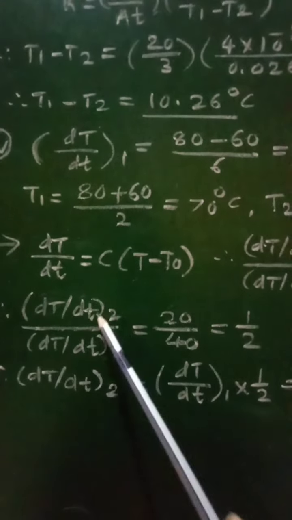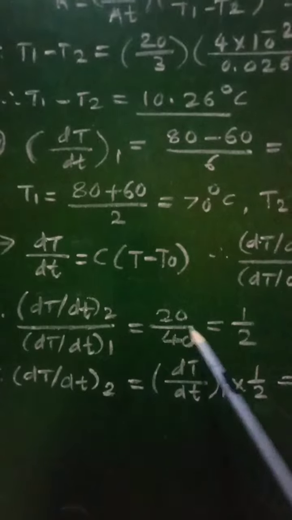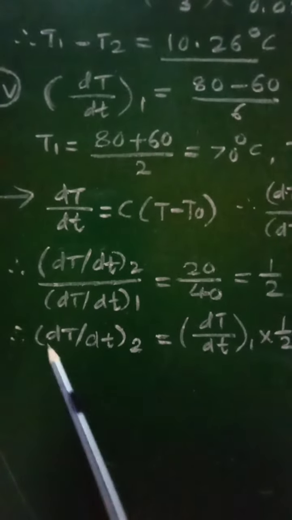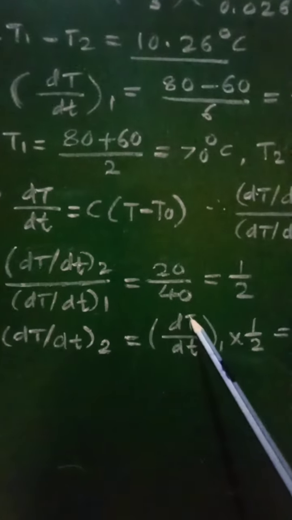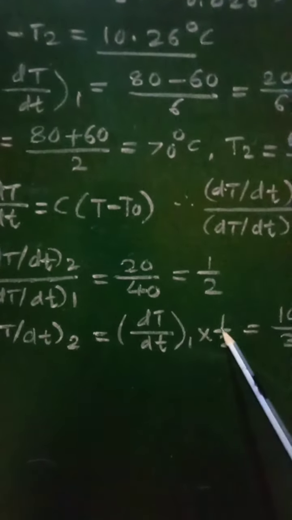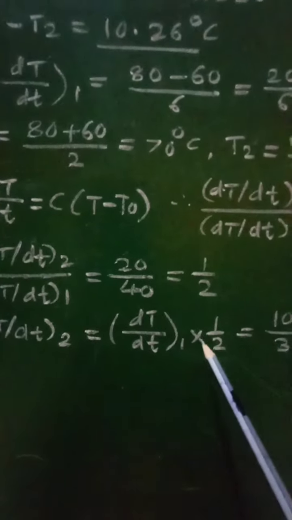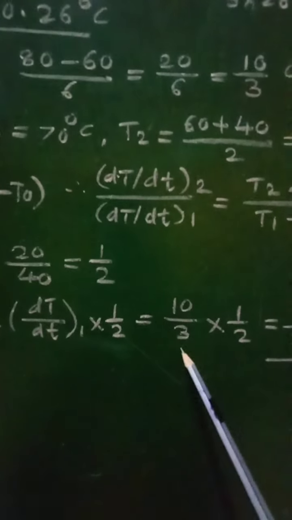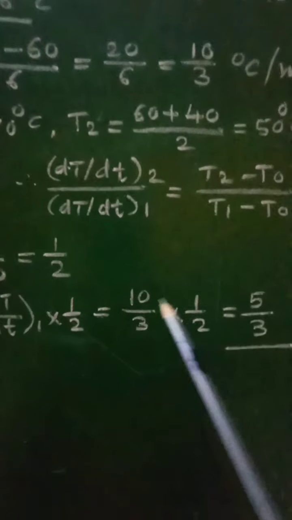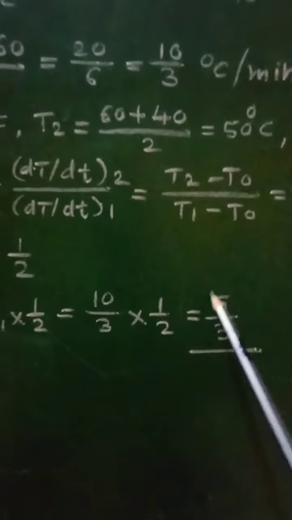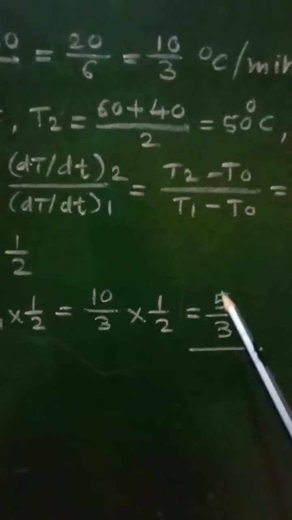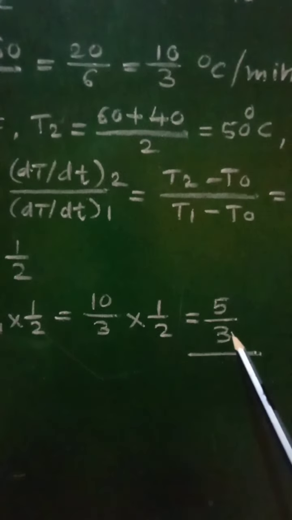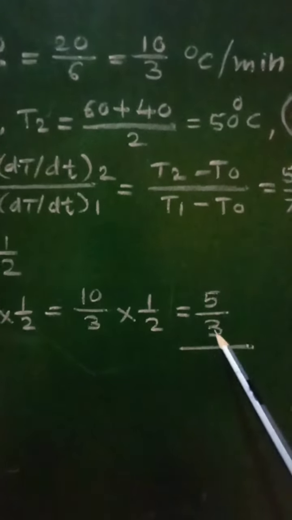Now if dT by dt2 upon dT by dt1 is equal to half, we can write dT by dt2 equal to dT by dt1 into half. dT by dt1 is 10 by 3, so 10 by 3 into half comes out to be 5 by 3, and this will be the second rate of cooling, that is dT by dt2 equal to 5 by 3.